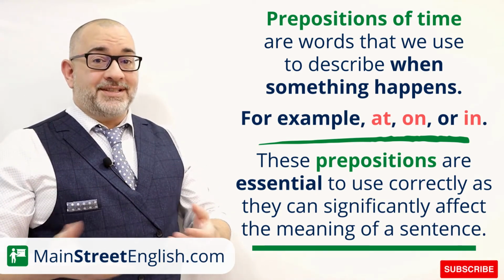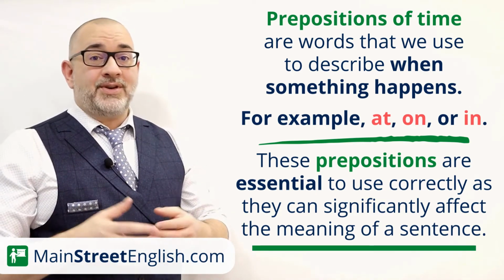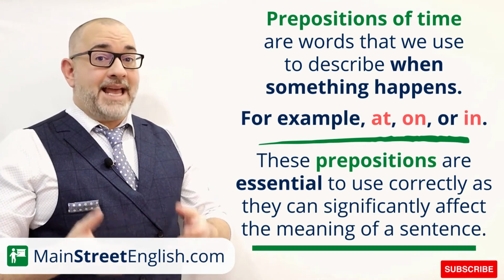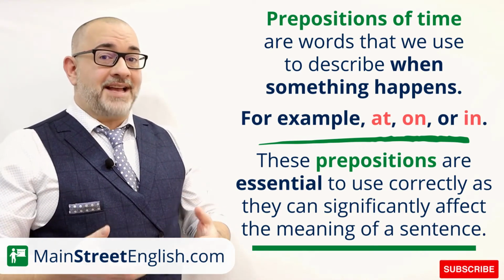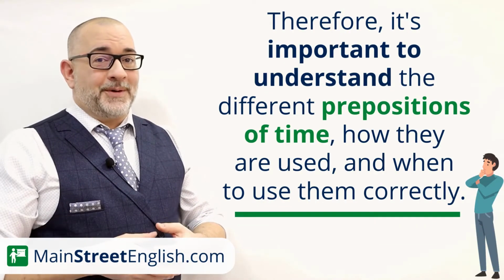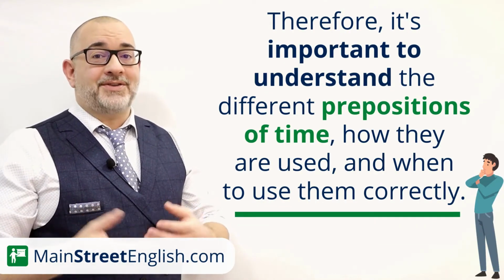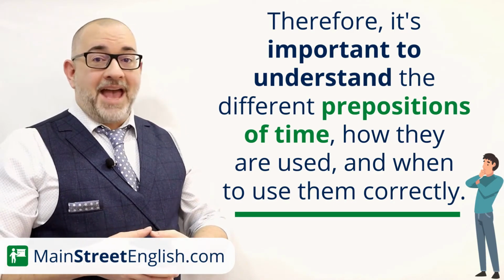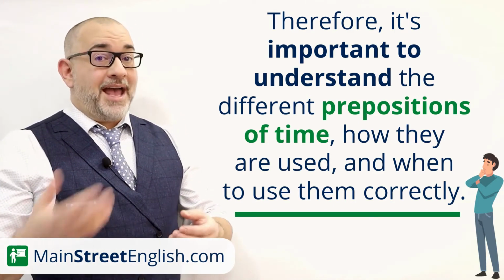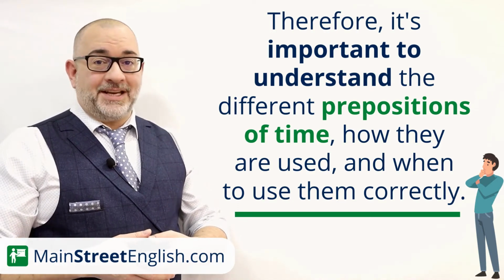These prepositions are essential to use correctly, as they can significantly affect the meaning of a sentence. Therefore, it's important to understand the different prepositions of time and how they're used, and when to use them correctly.